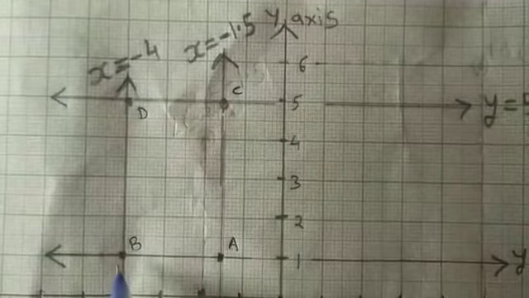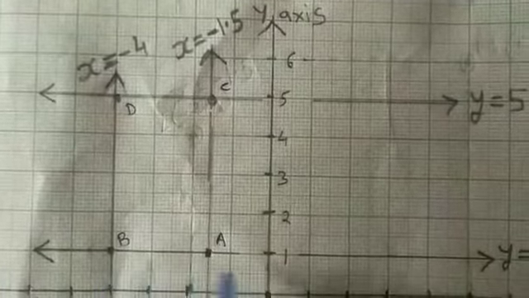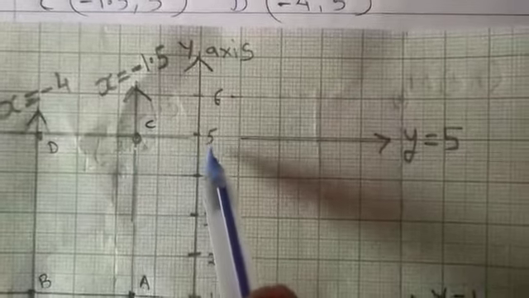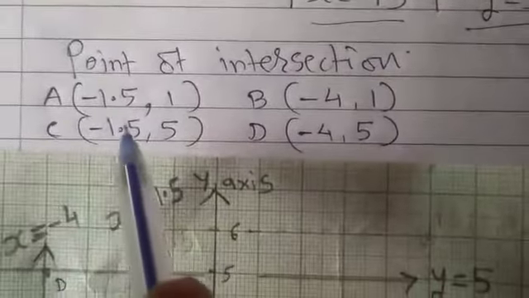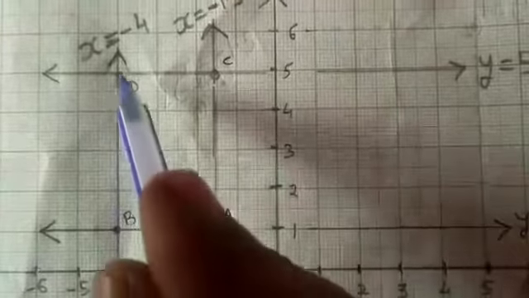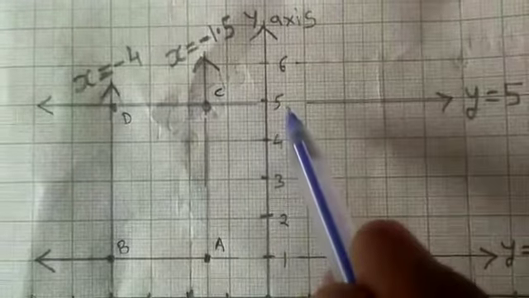Point B, minus 4 on the x-axis, 1 on the y-axis. So write here B minus 4 comma 1. C minus 1.5 comma 5. And D last, minus 4 comma 5. So these are the points of intersection.